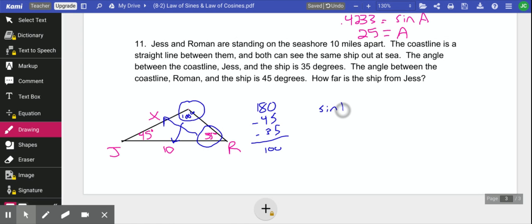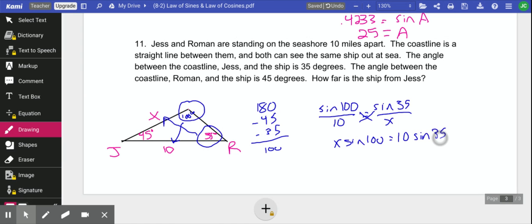We'll say the sine of 100 degrees over 10 is equal to the sine of 35 degrees over x. We're going to cross multiply. So x sine 100 equals 10 sine 35. And then we'll divide both sides by sine of 100.